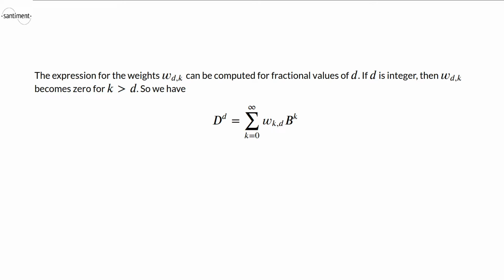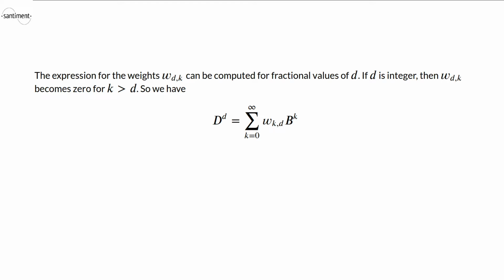Okay, and so this is what I've done here. I can just replace the formula that I had in the previous slide with this formula. So the differencing operator to the power of d is an infinite sum of the weights times B to the k. We still assume that d was a positive integer, right? But now let's look at this formula.